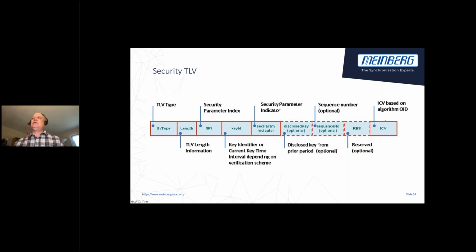And then the ICV or hash code that is based on everything in the PTP message up to this field. Then you put this in, and so people can recompute the hash for the message using the secret key that you have and verify that it wasn't changed.